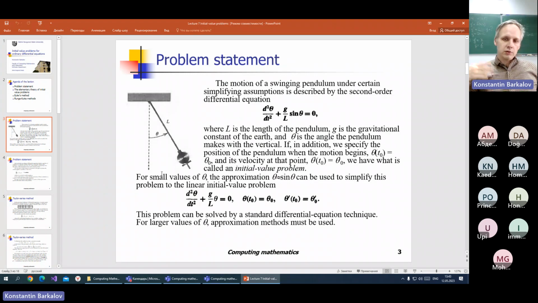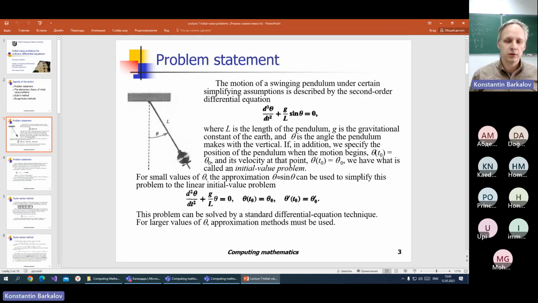And also, if we suppose that we know the position and the velocity at the initial moment of time t0, then we have what is called an initial value problem.